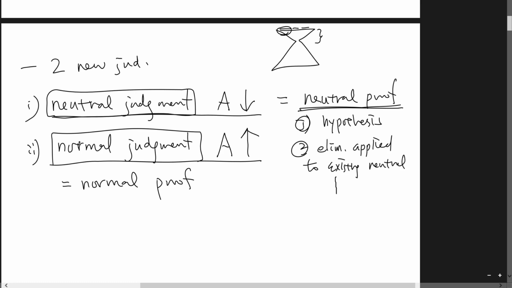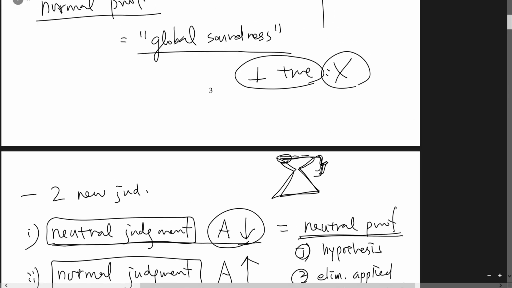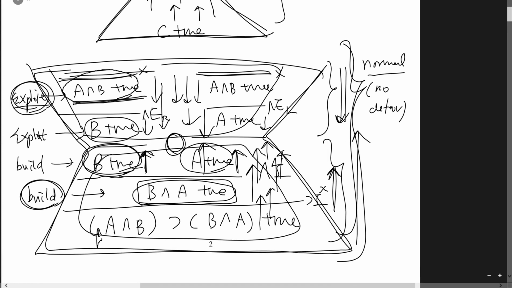Basically we introduce this neutral judgment for all those judgments that appear in the upper half of this hourglass. So let's go back to the example. A hypothesis is going to be a down arrow, a neutral judgment, and an application of an elimination rule to an existing neutral proof is also a down arrow.